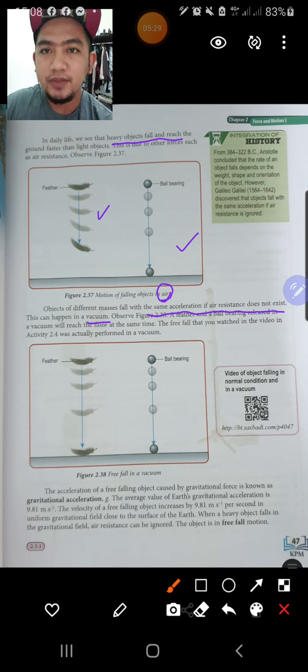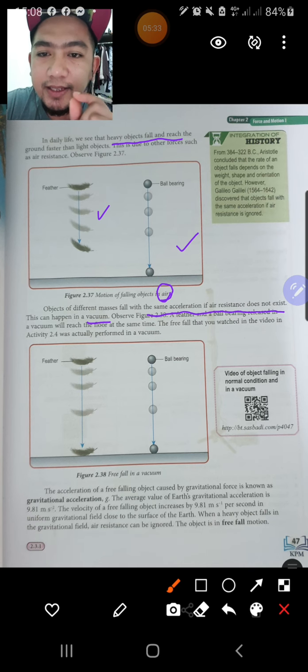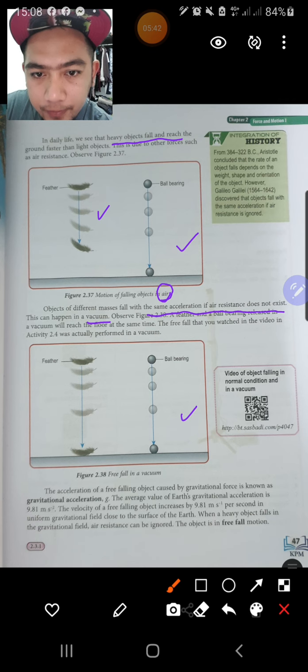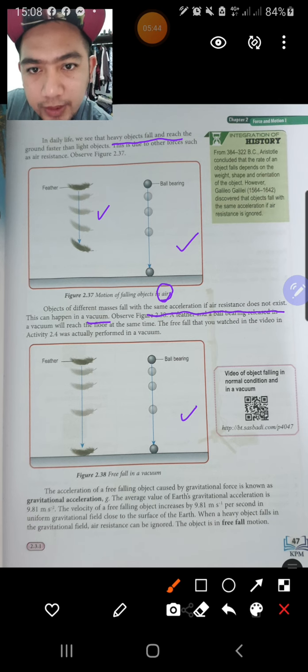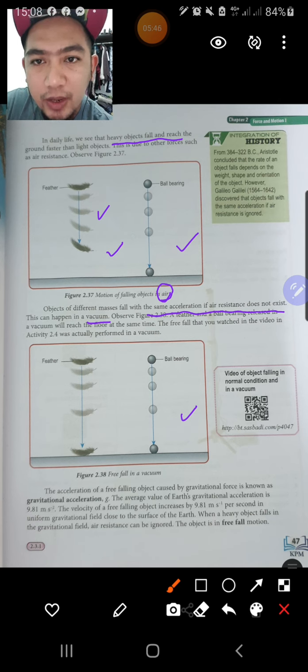That's what we call free fall motion, and it happens only in a vacuum. Okay, satu ruang yang langsung tidak ada udara. So this one in air, maksudnya ada rintangan udara, and this one in vacuum.